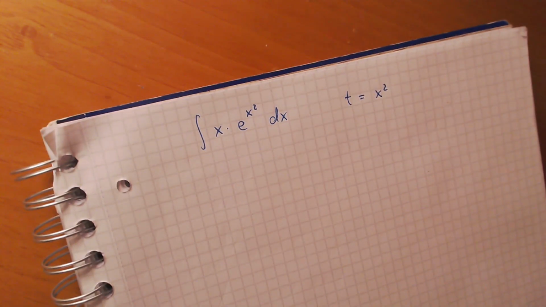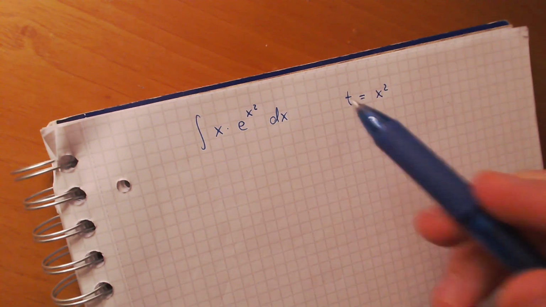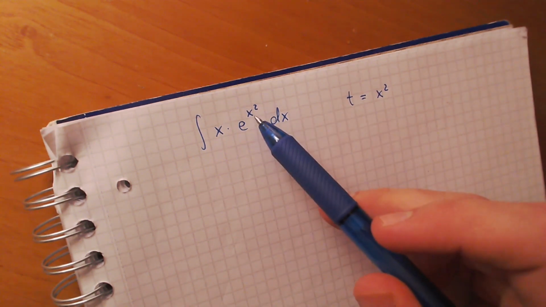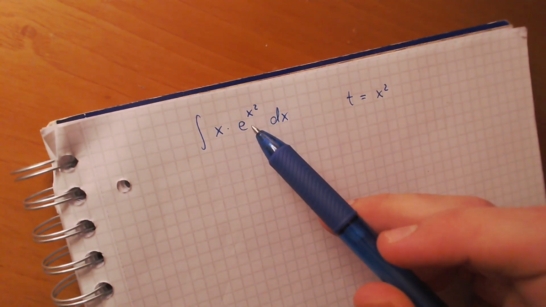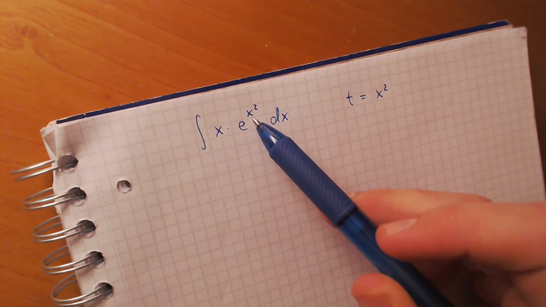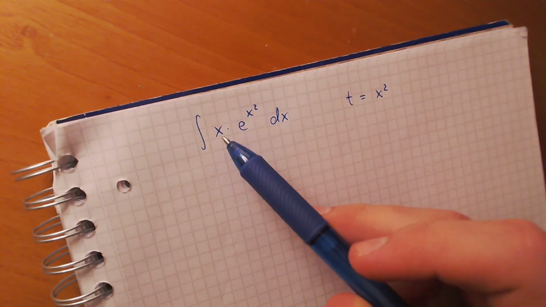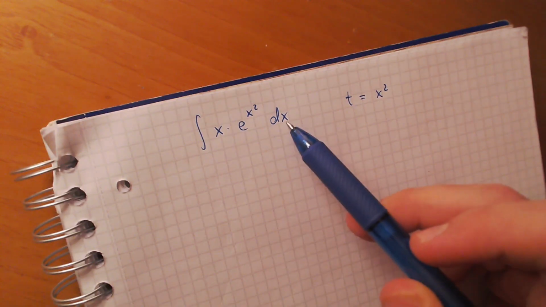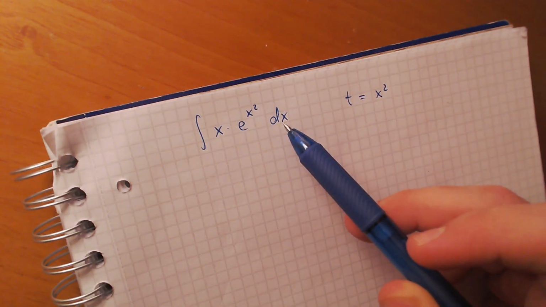Okay, so that means that here, for example, we will have e raised to the t, and then here we have x, and we have also to change here the x.